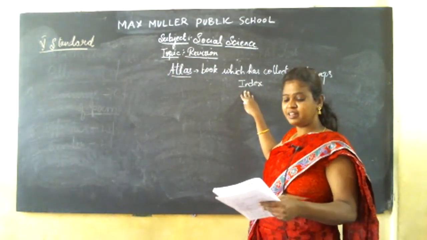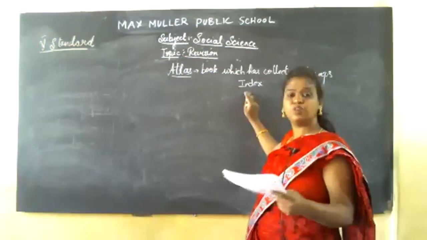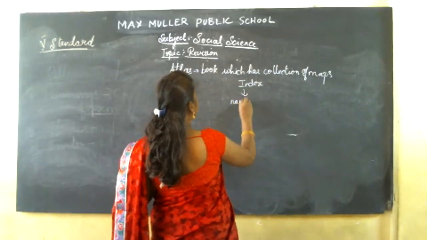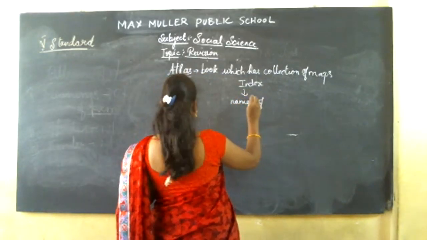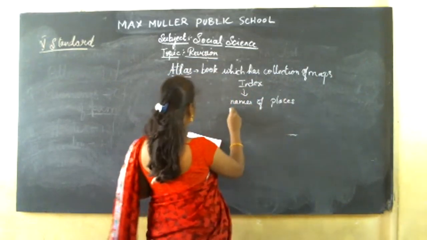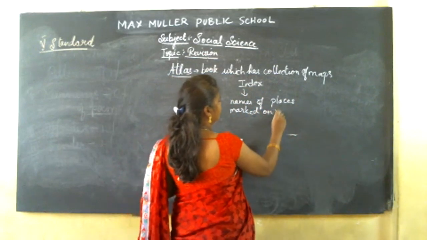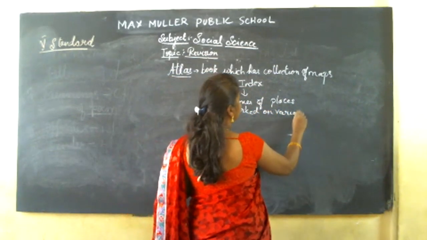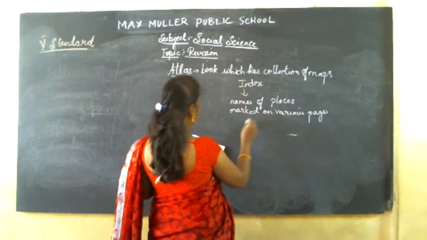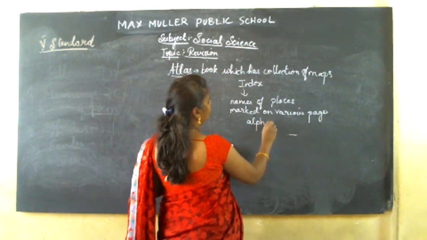Index helps in showing the names of places which are marked on various pages of the atlas in an alphabetical order.